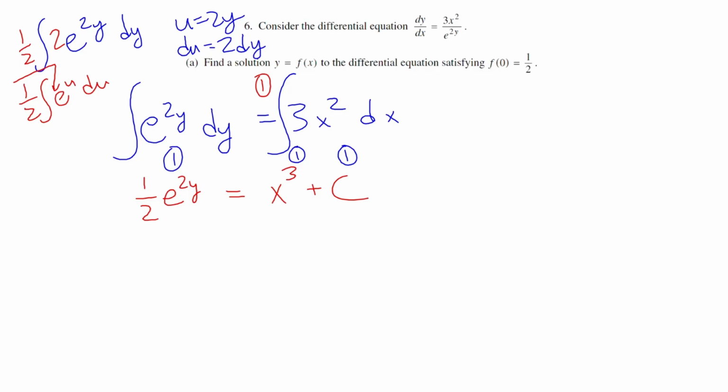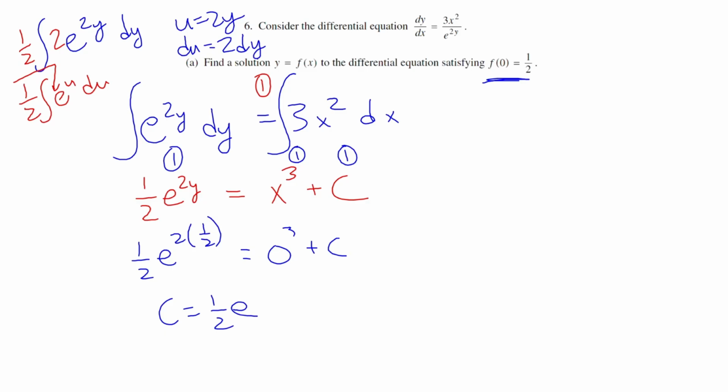We can get a 5th point for finding c by plugging in 0 for x and 1/2 for y. So we have 1/2 of e to the 2 times 1/2 is equal to 0 cubed plus c. Or in other words, our constant is just going to be equal to 1/2 of e. Right?